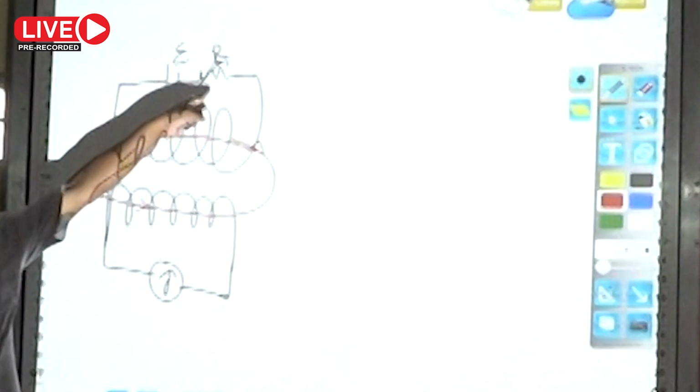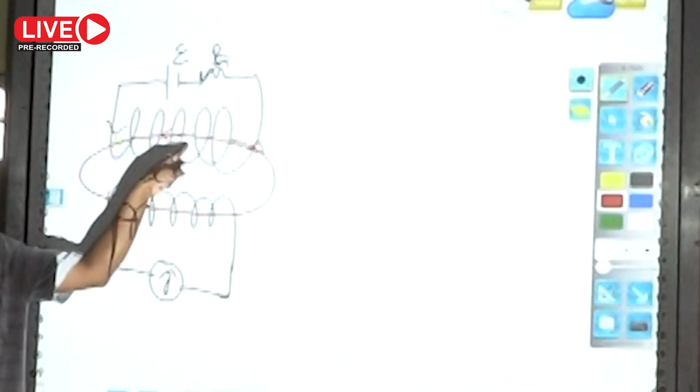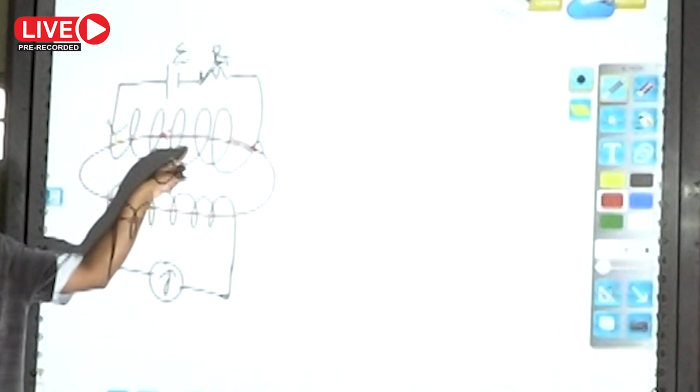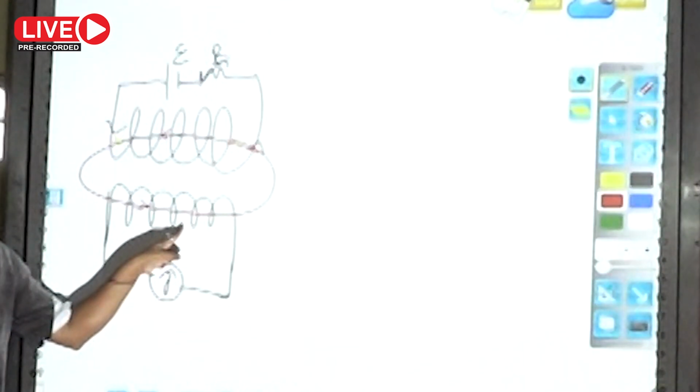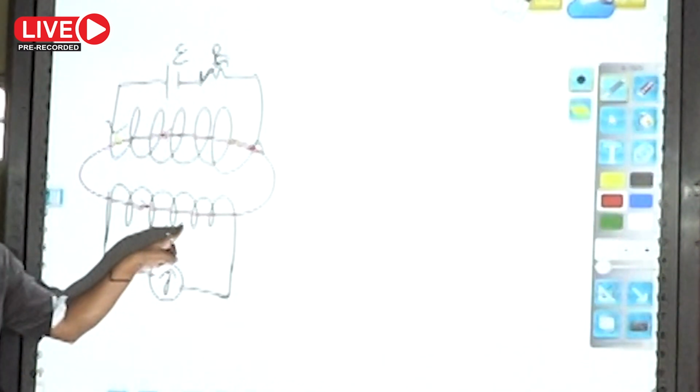So if you change the current in this one, then this B will be affected, and there is a change in flux with the second circuit also. So if there is a change in flux with the second circuit, then an induced EMF will be developed in the second circuit, and due to this induced EMF, there is a current flowing through the second circuit.